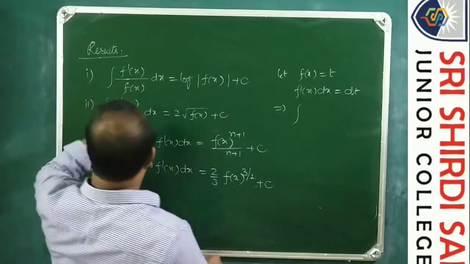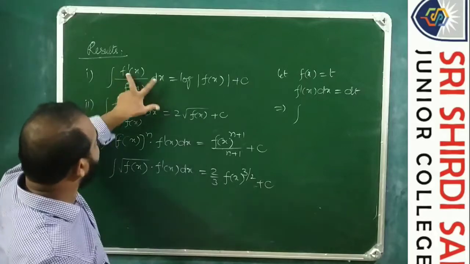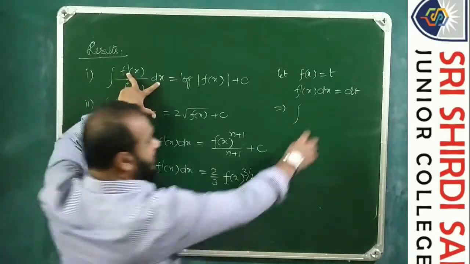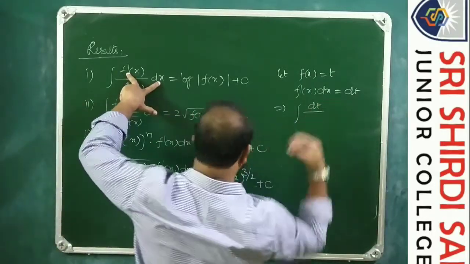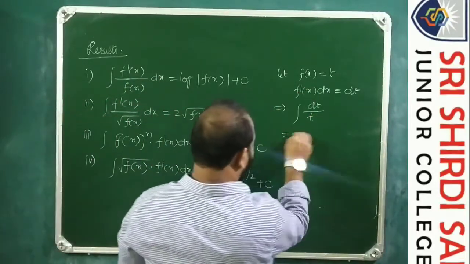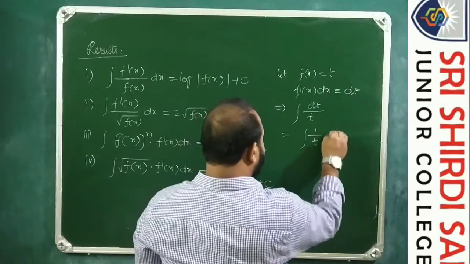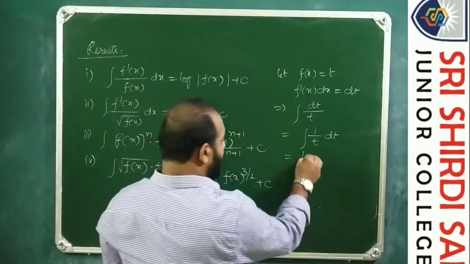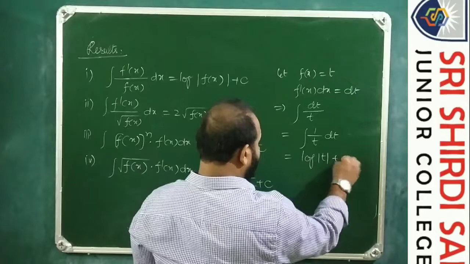So here f dash x dx in the numerator becomes dt, and f of x is equal to t. So this is equal to integral 1 by t dt. Integral 1 by t dt is log modulus of t plus constant of integration c.